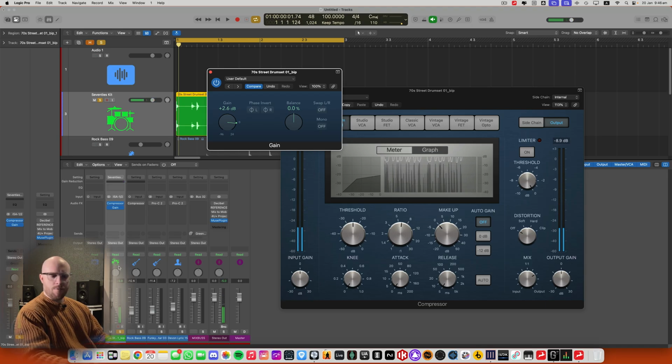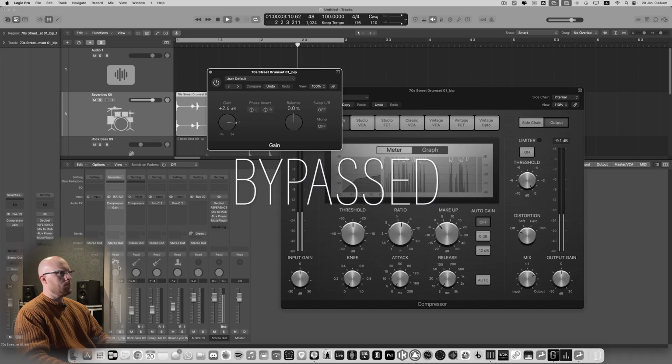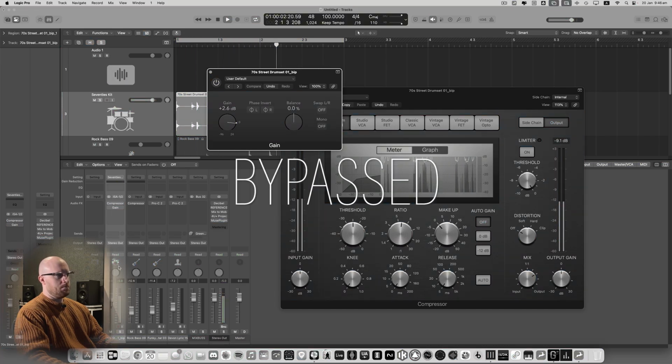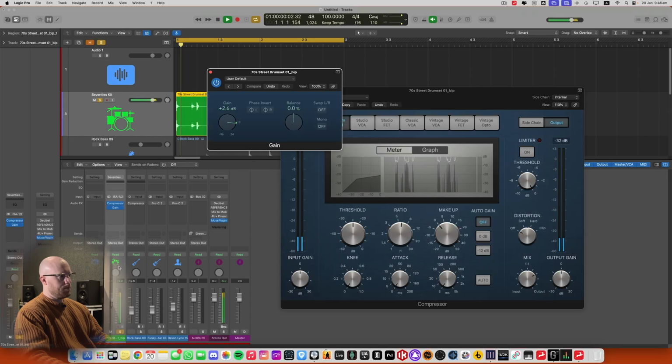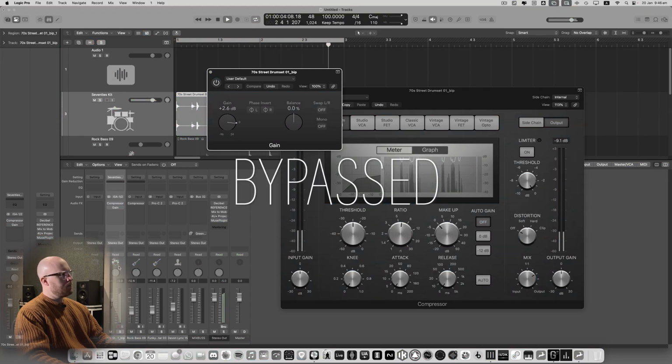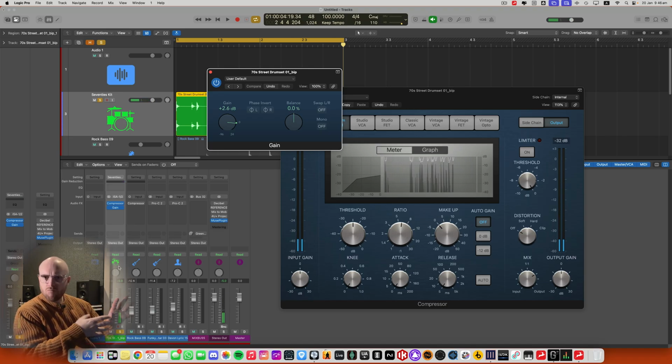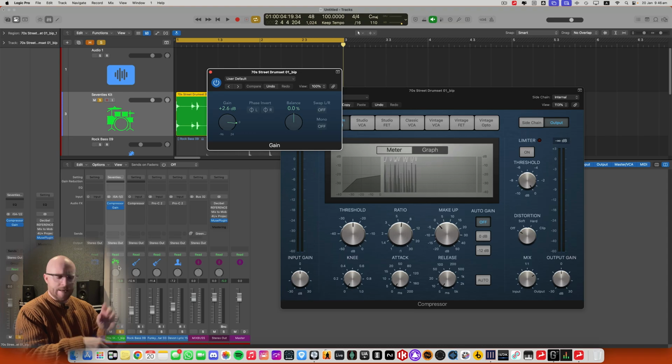Okay, so let's A-B the two. So we're hearing more sustain on the snare drum, and we're hearing the hi-hats come through more clearly. Listen for those two things in particular.